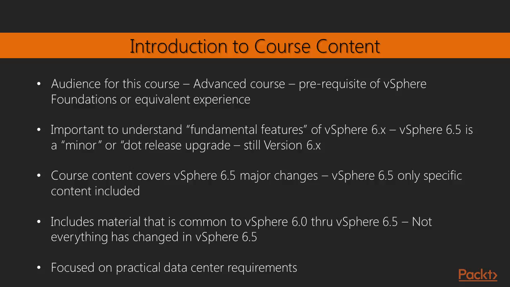But it does not mean that vSphere 6.5 changes everything in vSphere 6. There are advanced capabilities and new capabilities that have been added to vSphere 6.5. There have been some under the cover changes, especially in storage. There is a new VMFS version 6 file system as an example, and there has been a lot of tuning that has been done as well.